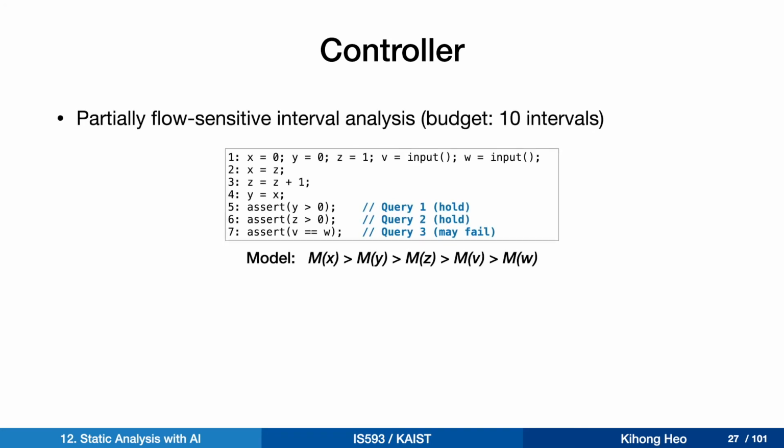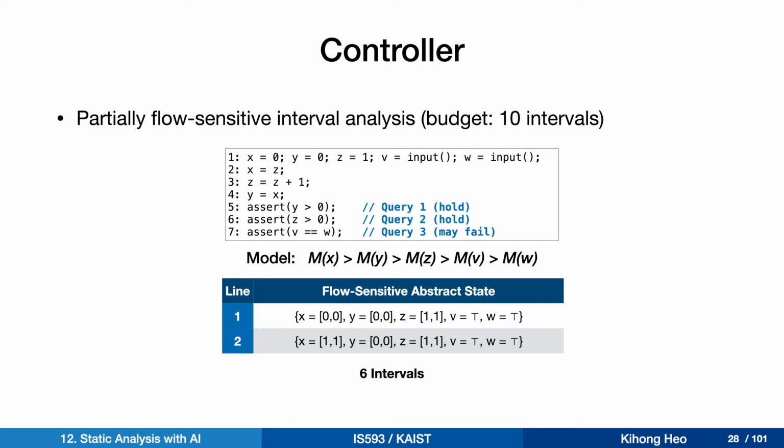So here is the same example, but now the interval analysis runs with the controller and model. Let's take a look at this. It starts with the full flow sensitivity, as you can see, and suppose that it analyzed the first two lines. Now you can see we already have 6 intervals here, which becomes very close to the resource budget.